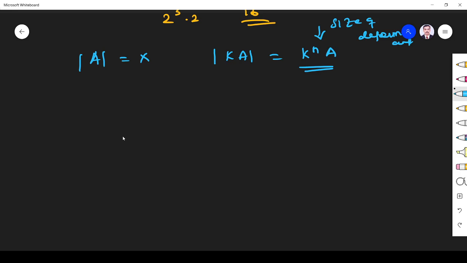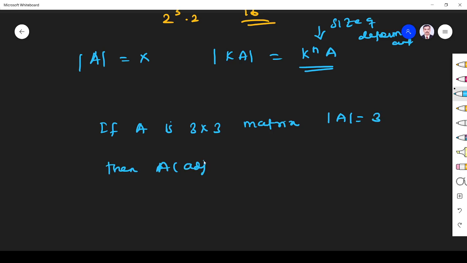Here we see the next problem. If A is a 3 by 3 matrix and mod determinant A is 3, then what is A into adj A?